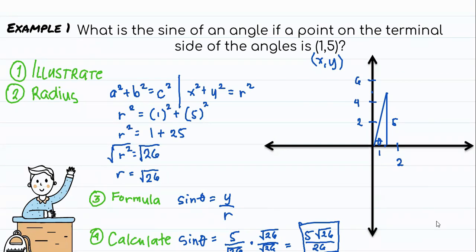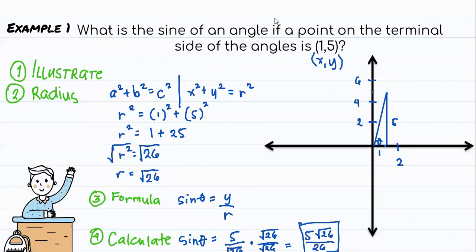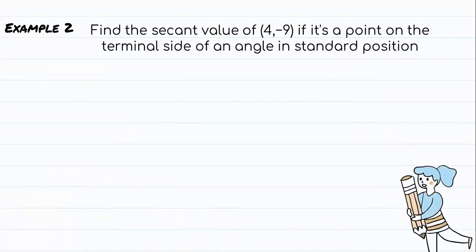Let's have example number 2. Find the secant value of (4, negative 9) if it's a point on the terminal side of an angle in standard position.